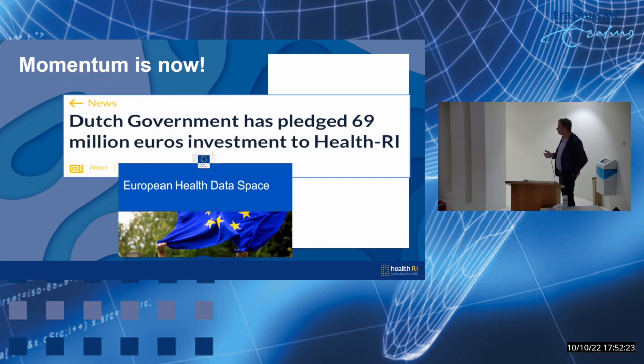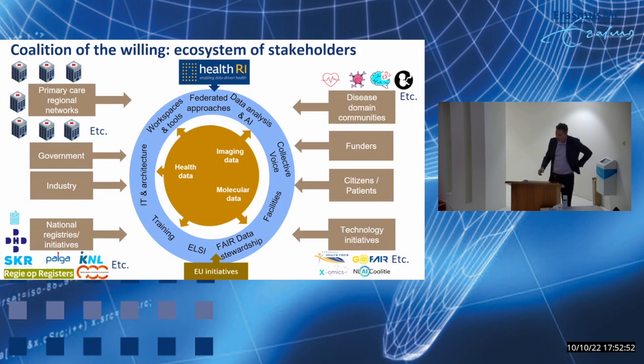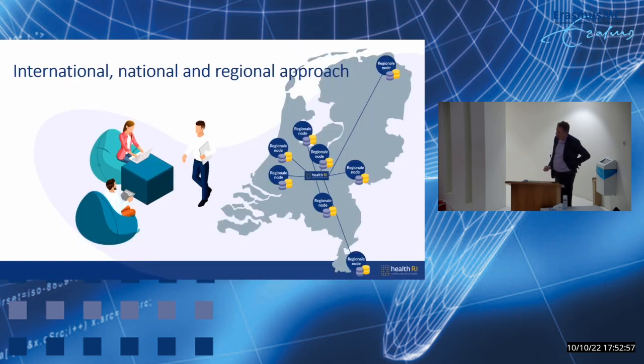Now luckily the Dutch government, probably because we could explain the idea with COVID, I think if there was not COVID, then it would have been extremely difficult to explain to politicians the need of a data infrastructure in order to do AI research. But with COVID, everyone realizes now we need to learn from data quickly, and the government also saw that the Netherlands was not very good at doing so. So within HealthRI, we work with a lot of parties. It's a very complex project, but I think it's really a nice project.